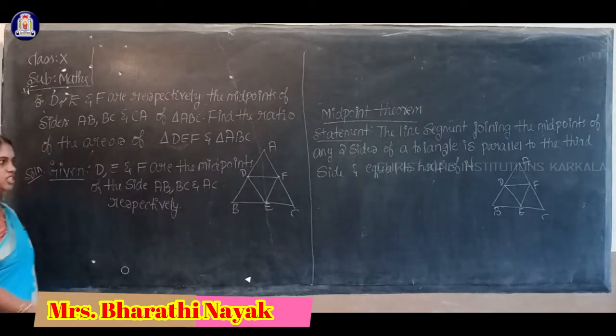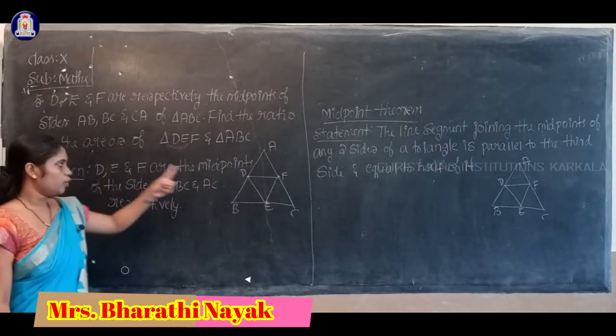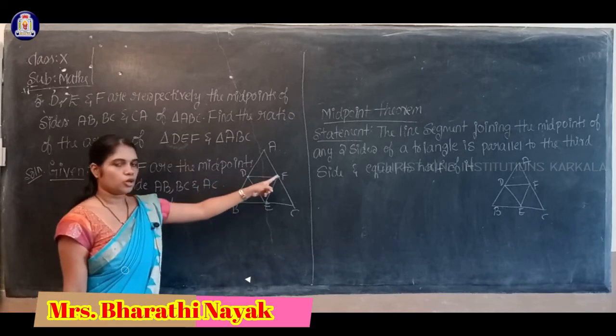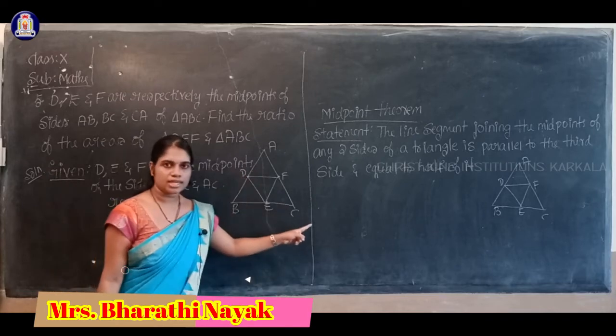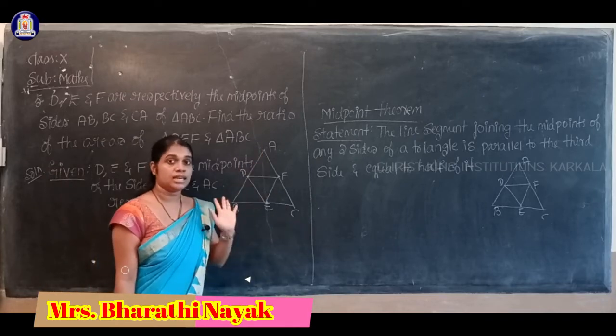So this is what they have given in the question. D, E, F are the midpoints of the sides AB as well as BC as well as AC respectively.